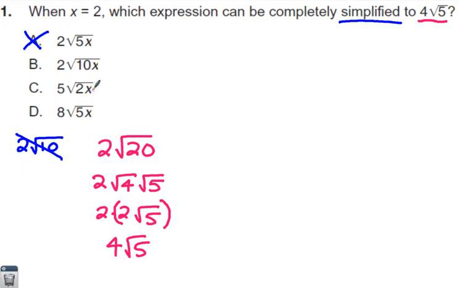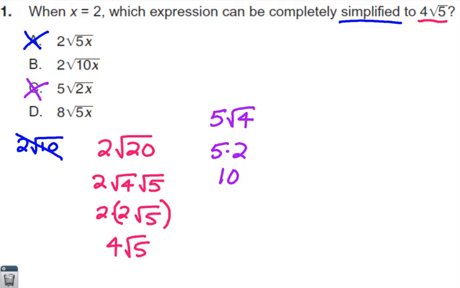So if we were plugging in 2 for x, we'd get 5 times the square root of 4. Well, guess what? Root 4 is just 2, and 5 times 2 is 10. That doesn't simplify to 4 root 5. That reduces to 10.